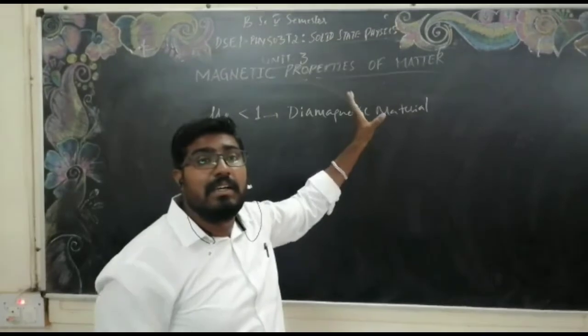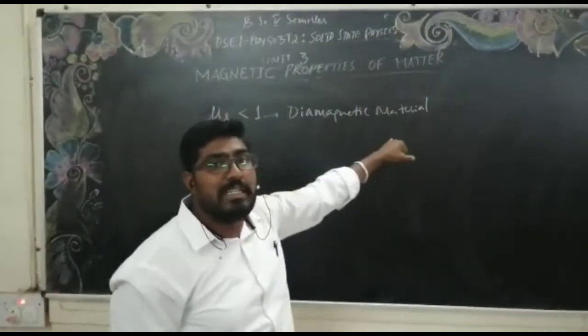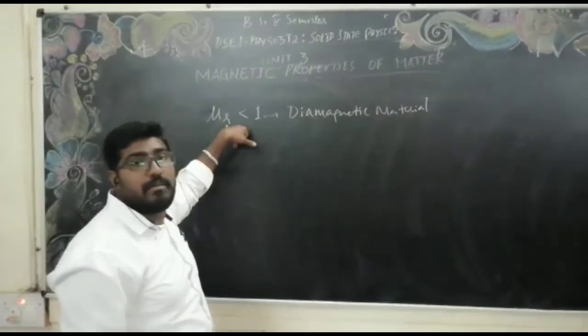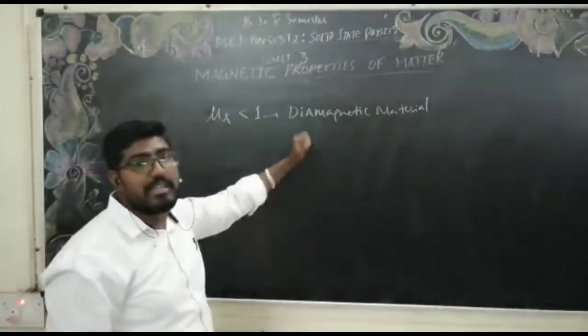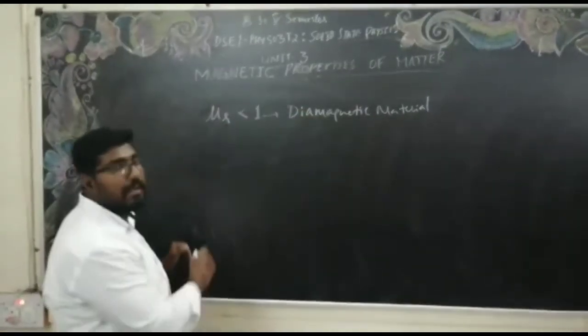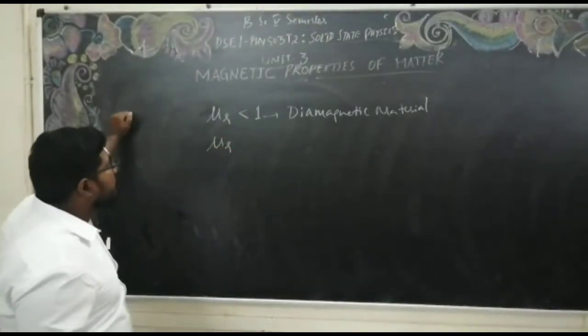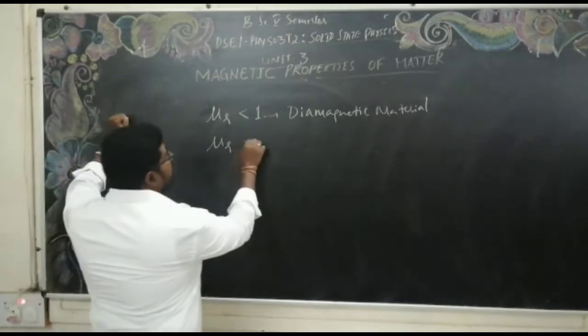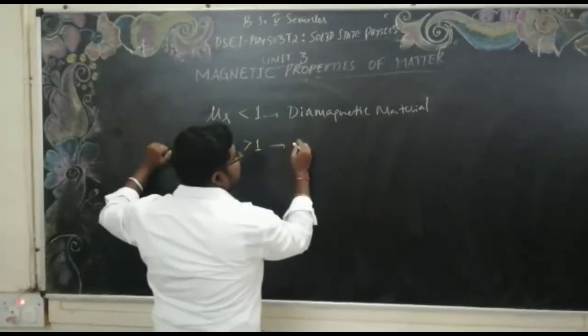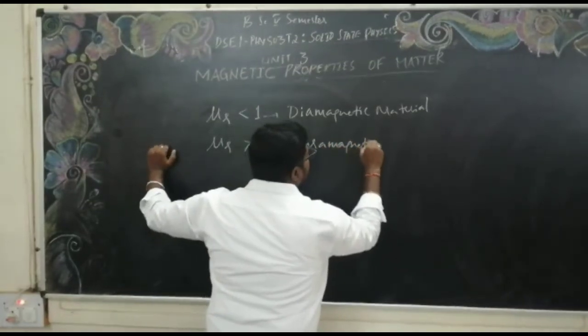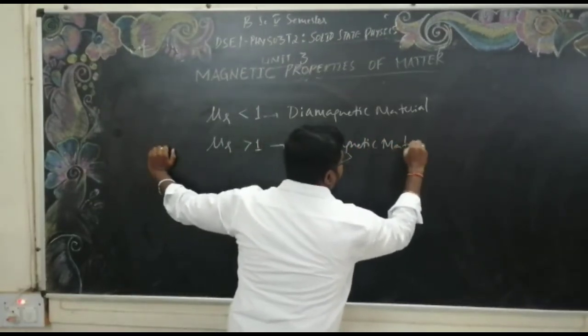When the relative magnetic permeability is less than 1, the material is diamagnetic. If the relative magnetic permeability is greater than 1, this type of material is called a paramagnetic material.